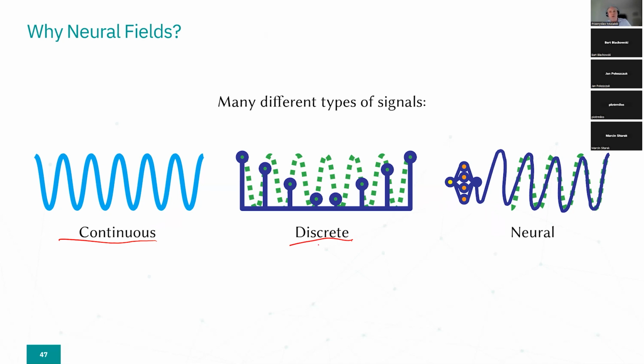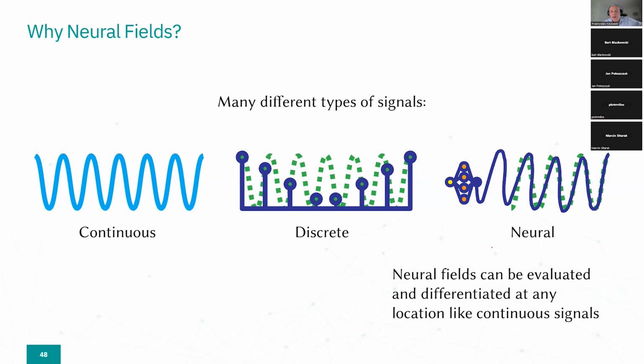Signals can be continuous, like our sine function, or discrete as a couple of samples. And in computers, actually, all of the signals at some point are discretized. And now with those neural fields, we can have a neural representation of functions. So in other words, we oversample a network, and the network itself becomes just a function parameterized by the network parameters, which are in the neurons.